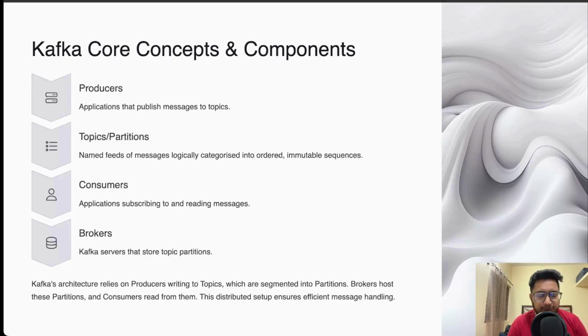In each partition the offset starts from 1 to n. So in partition 1 we have 3 messages, so the offsets will be 1, 2, 3, and in partition 4 we have only 1 message, so the offset number will be 1. Like that we have a distributed mechanism so that we can distribute our messages into those partitions, and the consumers can read in parallel.